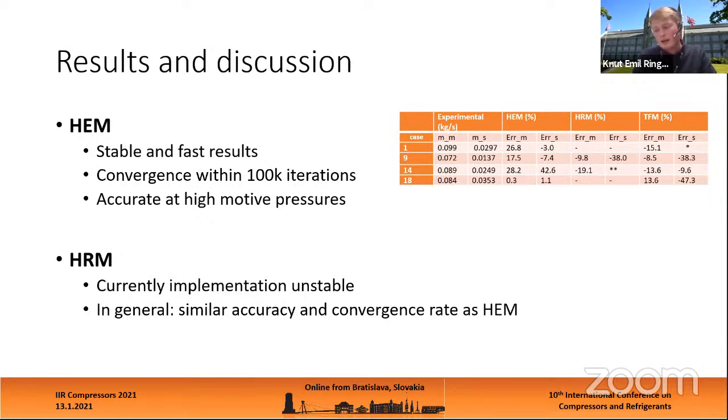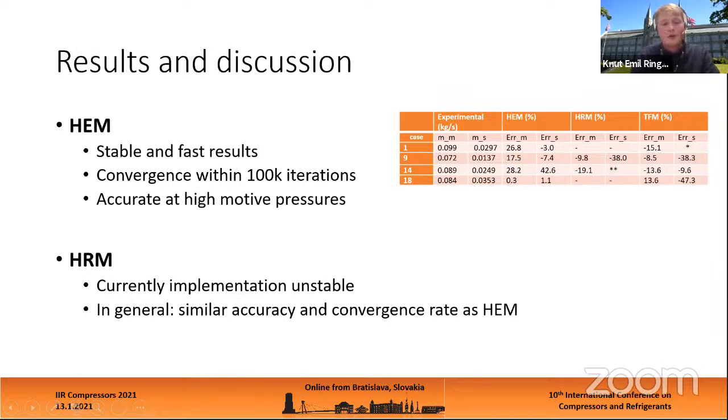In general, it was quite accurate, as previously noted, for high motive pressure conditions. You can see in the table on the right that the best case was case 18, where the motive nozzle was less than 1% off. While for lower pressure cases, such as 1 and 9, the error is much larger.